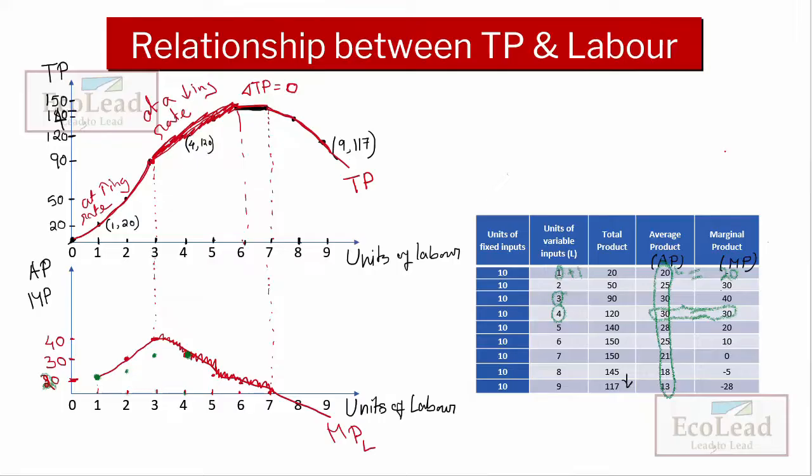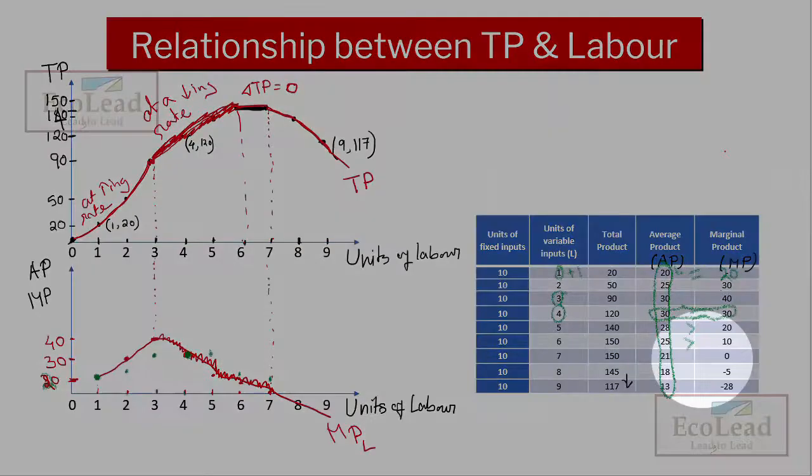If we consider the 5th unit of labor, the value of the average product is 28. After the average value and marginal value become equal, for all labor units the value of the average product is greater than the value of the marginal product.